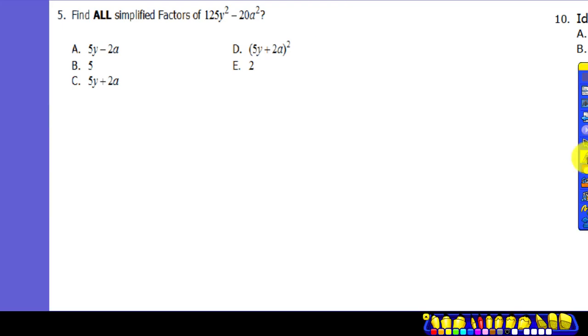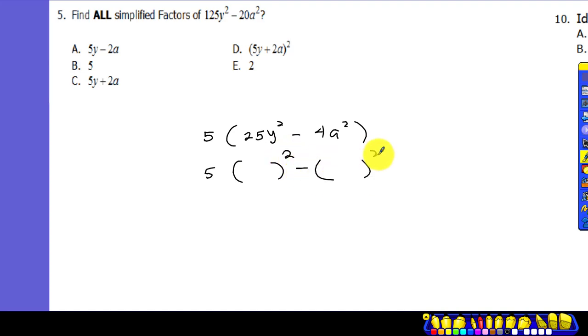So bring out your 5. We'll get 25, you said? And then what about your 20? What about your variable, y and a? Do you have any common factor for y and a? No, right? So just bring down your y squared and then a squared. Now your next task is to check if this one can be written as quantity squared. 5 what? Y? Because 5 times 5 is 25.